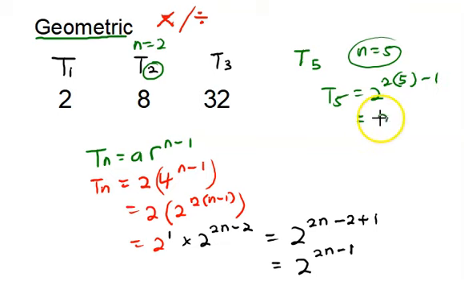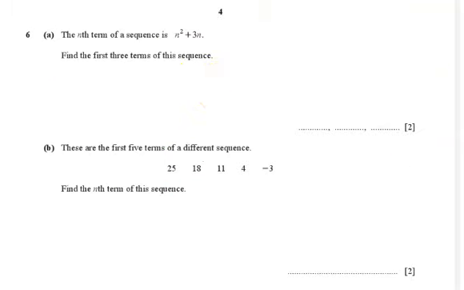So here we'll have 10 minus 1, which is 9, which is equivalent to 512. Okay, this is the answer. This is one of the past year questions, so let us give it a try.